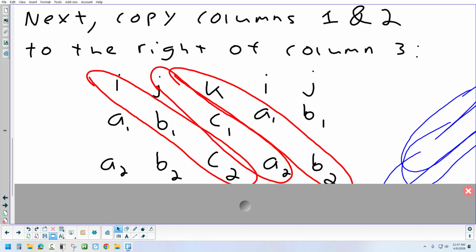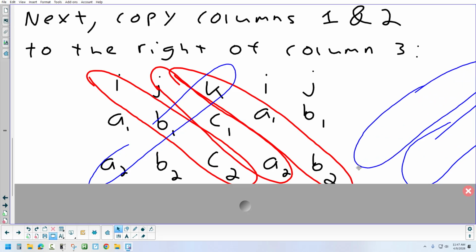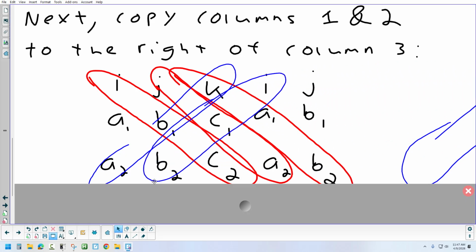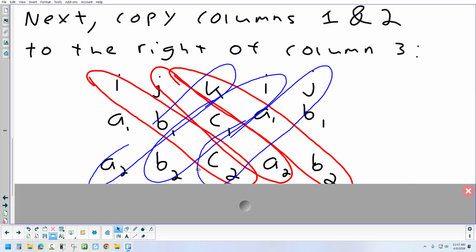And then we're going to look at the three other diagonals. These are the diagonals that go down and to the left. K, B1, and A2 are on a diagonal. I, C1, and B2. And J, A1, and C2.